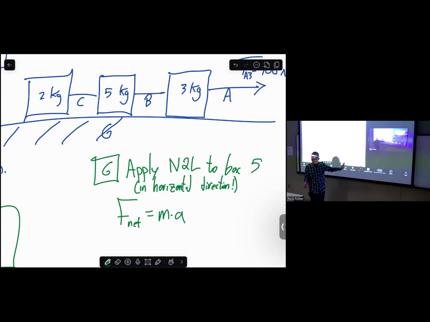Does it push or does it pull? Yeah, that's what I just said. So the force of rope B, is that right or left? Positive or negative? The force of rope C, is that plus or minus? Okay. What's the mass of the block that we're talking about? Hint, hint.